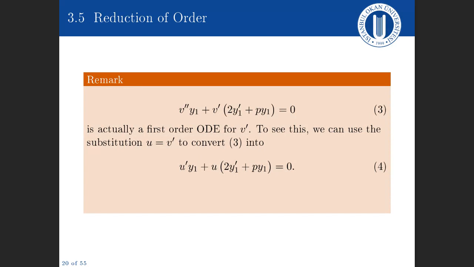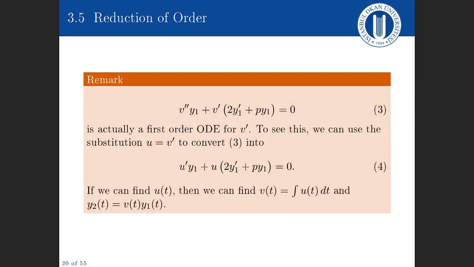We can replace every v prime by u, and instead of v double prime, we have u prime. Now you can see this is actually a first order equation, and we know how to solve first order equations. We spent a chapter talking about them. If we can find u, then we can integrate it to find v, and if we know v, then we know y2.